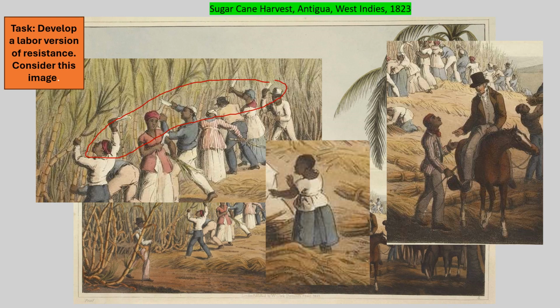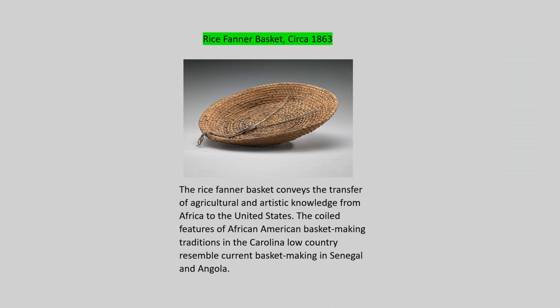And notice how there is a child. Keep in mind, the institution of slavery does not really care about the age of a slave. And we'll see what that process looks like when a mother has a child, whether or not that child is born free or born a slave, because that is part of the permanent involuntary hereditary servitude.